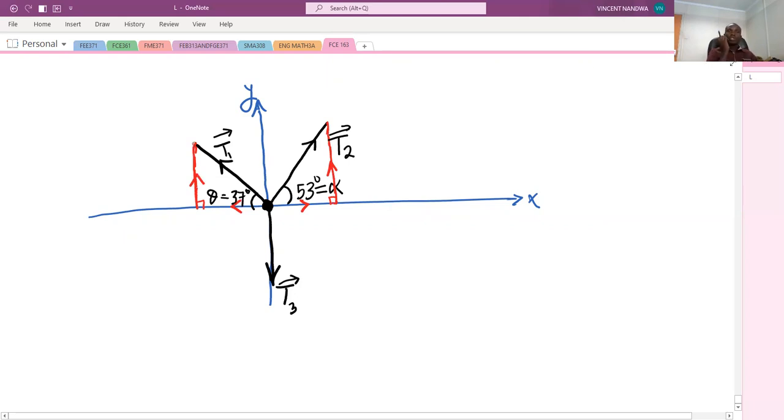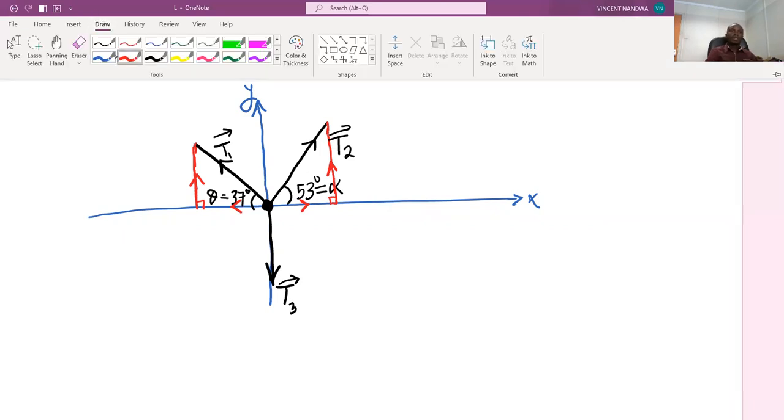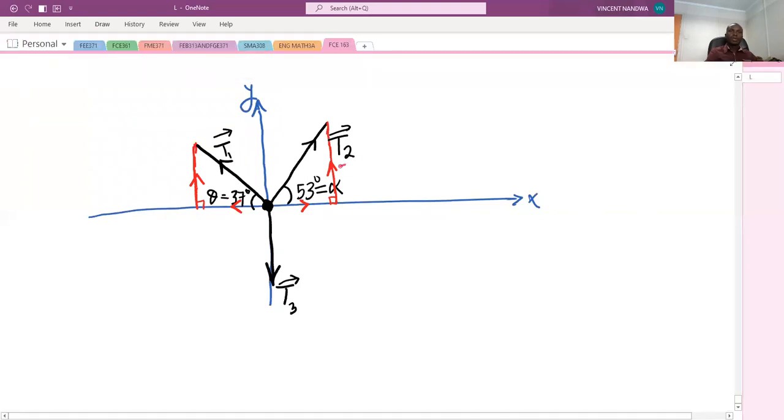Using SOH CAH TOA, you should be able to see that this vertical component will be T2 sine of alpha. Remember, I've called alpha 53 degrees and theta 37 degrees.